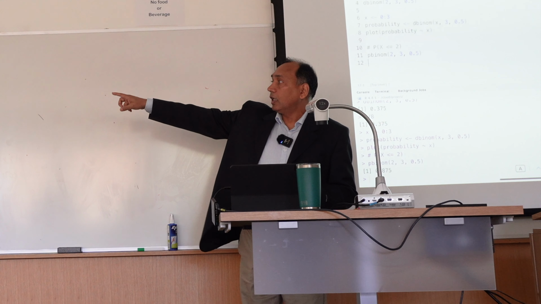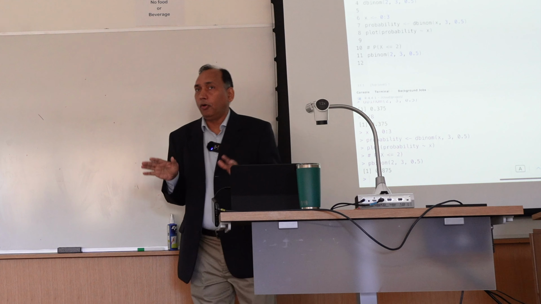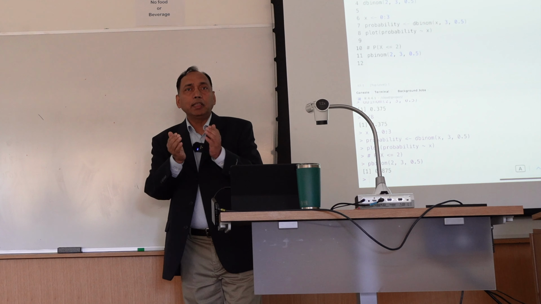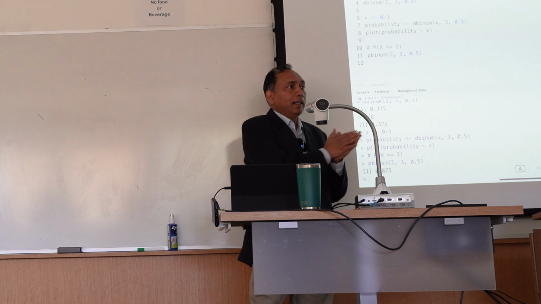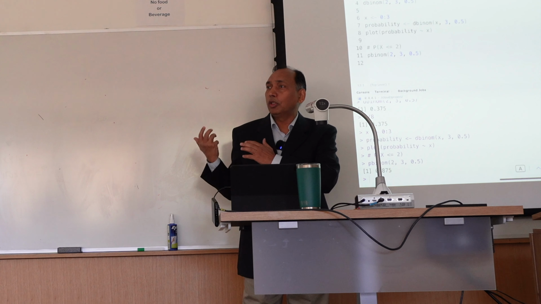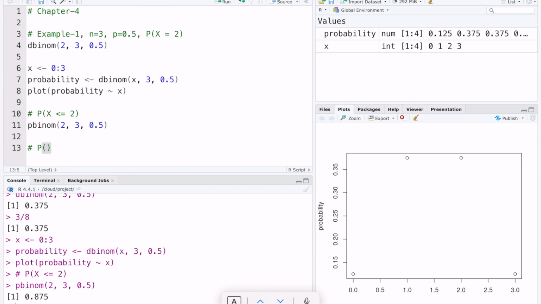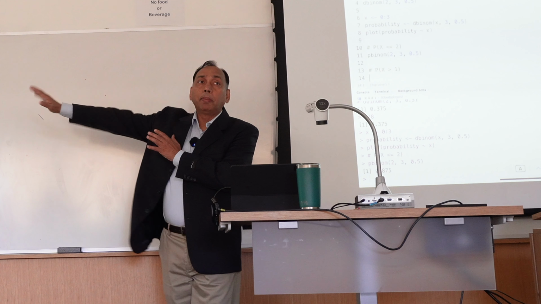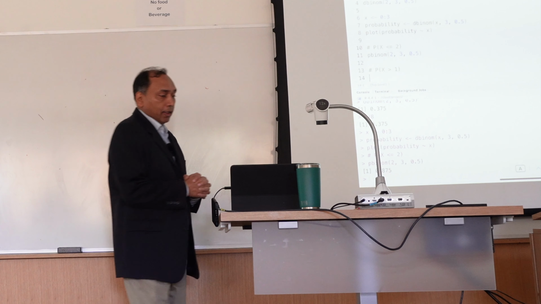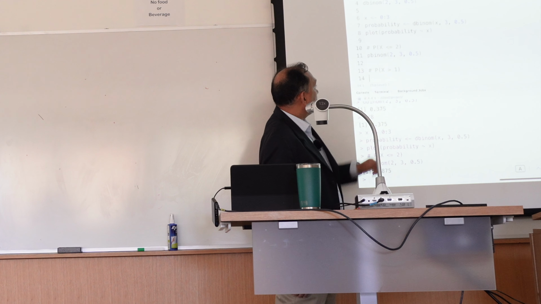But this function that we are using, by default, will give you a calculation for the lower tail, like values less than or equal to something. But if you want a probability of x being greater than something, say greater than 1, now we are looking at the upper tail, not the lower tail. So we'll have to modify this slightly.